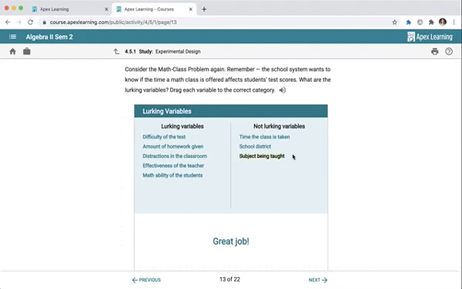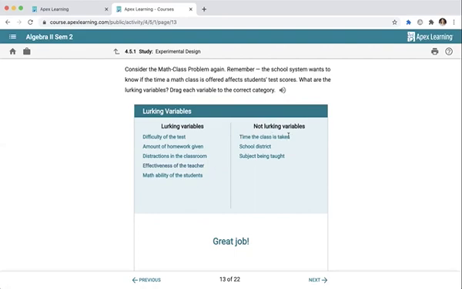So it can't be the subject being taught because both teachers are teaching the same subject. It can't be the school district because both of those teachers are in the same school district. However, it might be the effectiveness of the individual teacher, right? Teacher A might be really great and teacher B might be a little bit not as great, right?